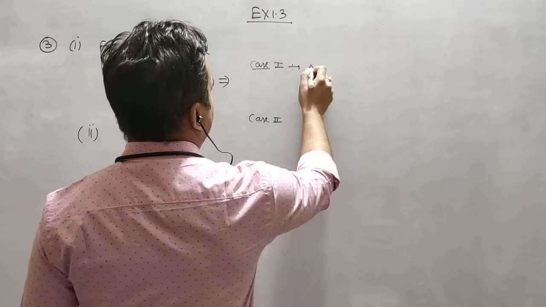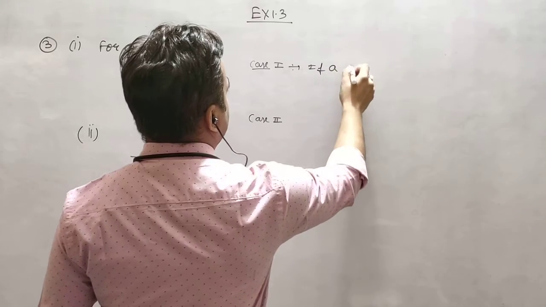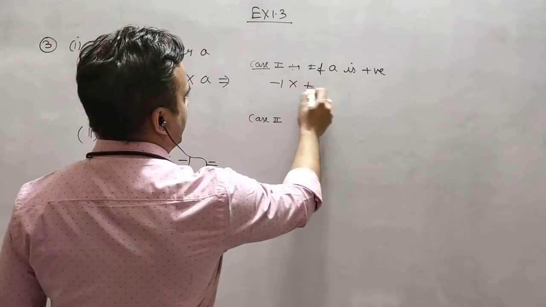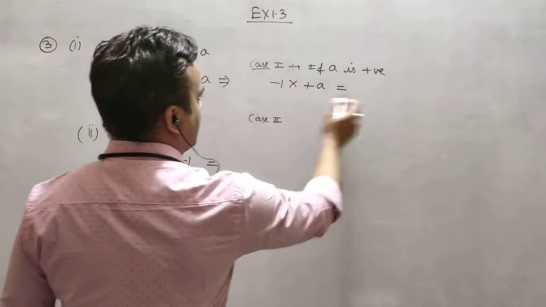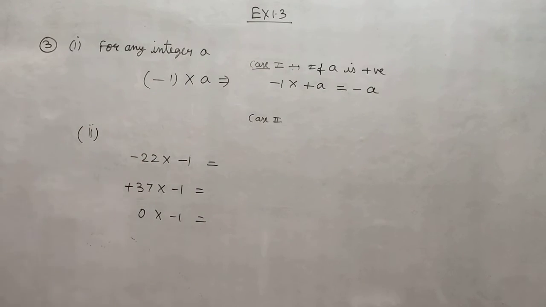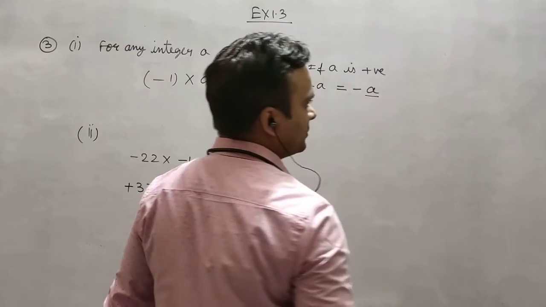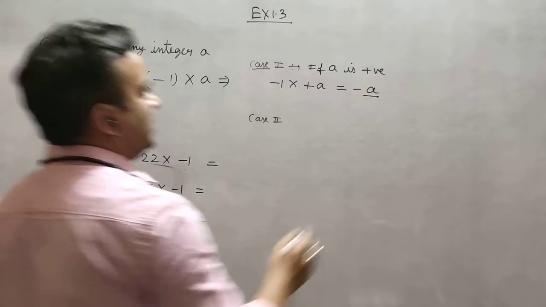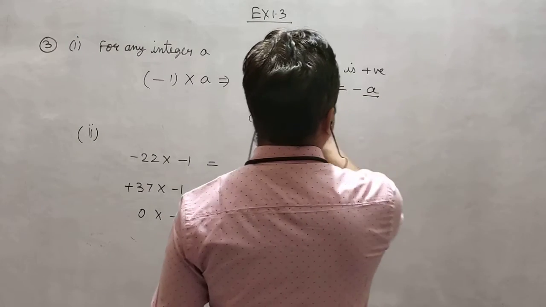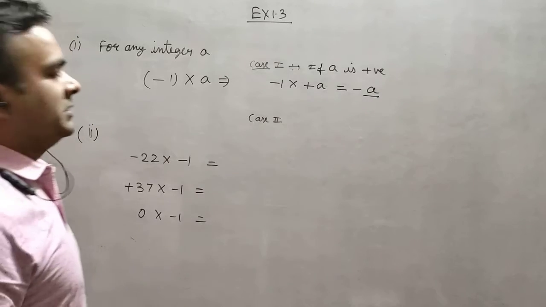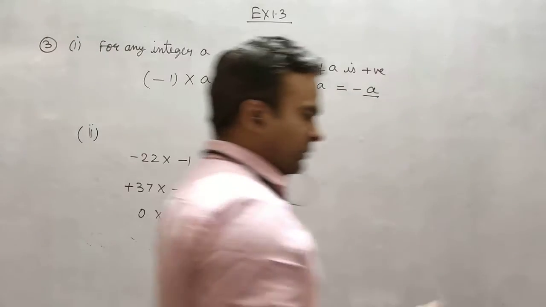Suppose case 1 is: if a is positive. When a positive number is multiplied with a negative, the result is always negative. So actually we are getting the inverse. By multiplying any number with minus 1, that number will get the reverse sign.